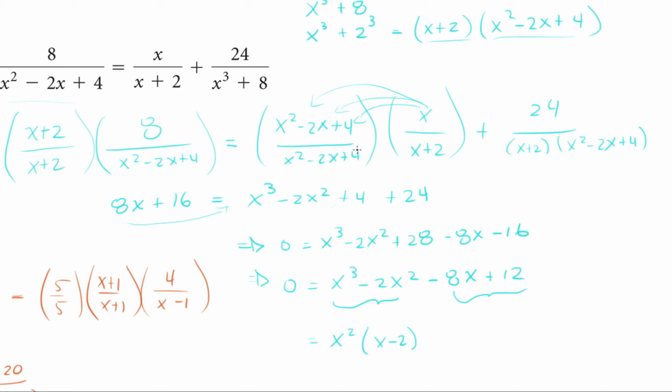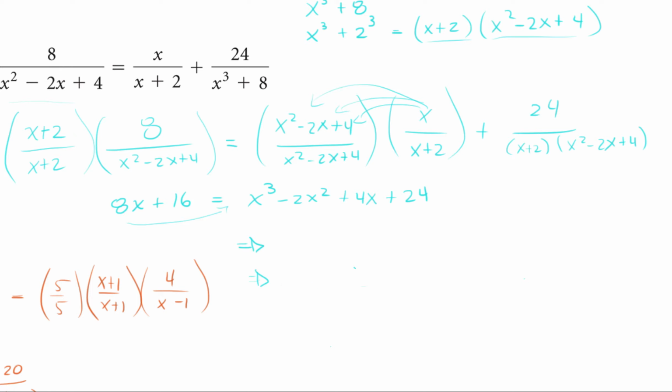Oh, this is 4x. I saw the mistake. See? You always double check. And I knew there was a mistake because it wasn't factorizing, right? And we wanted to factor in order to find the solution. No biggie, we'll just fix it.